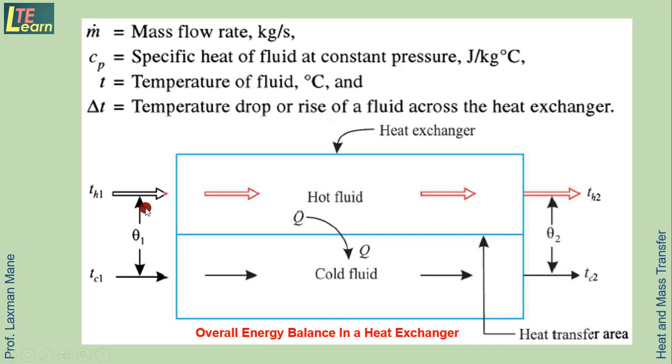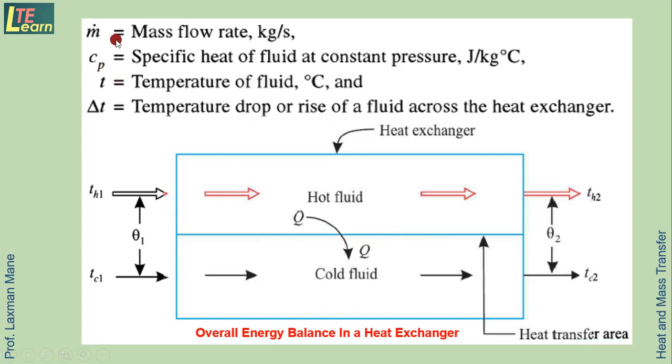Theta 1 is the temperature difference at the inlet of the heat exchanger between hot fluid and cold fluid. Theta 2 is the temperature difference between hot and cold fluid at the outlet of the heat exchanger. This is the heat transfer area interface across which heat transfer takes place from hot fluid to cold fluid.